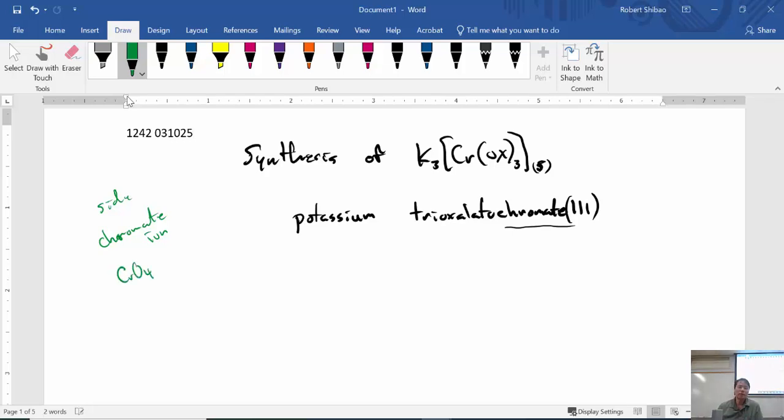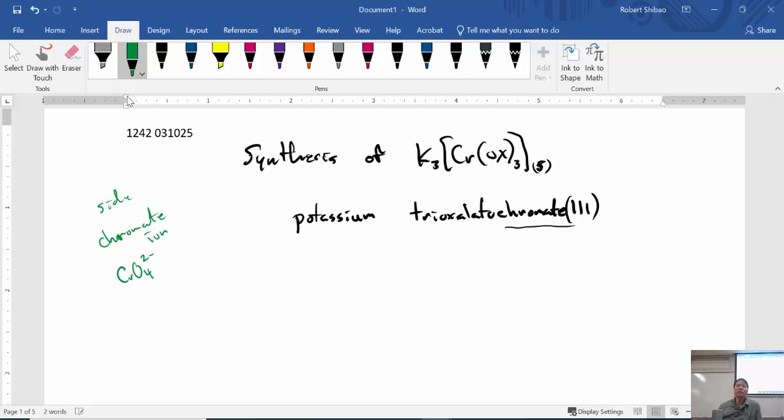CrO4 is correct. Charge? No, not minus. Yeah, -2. So we should review those once in a while, the ions. Chromate is one that people often get wrong. Chromate and dichromate.